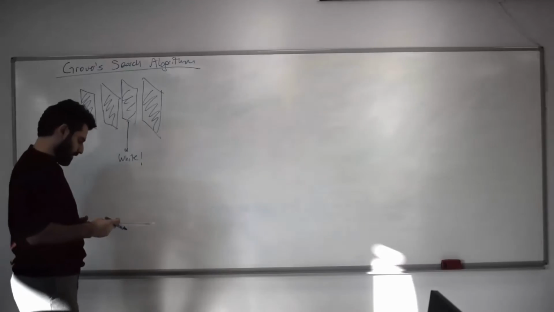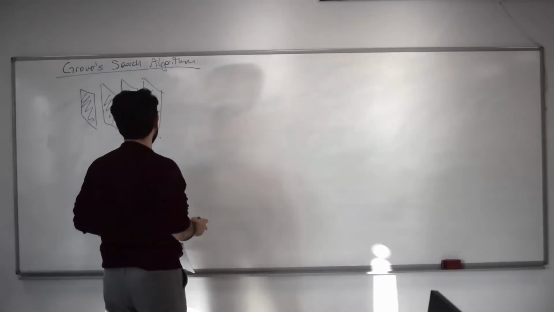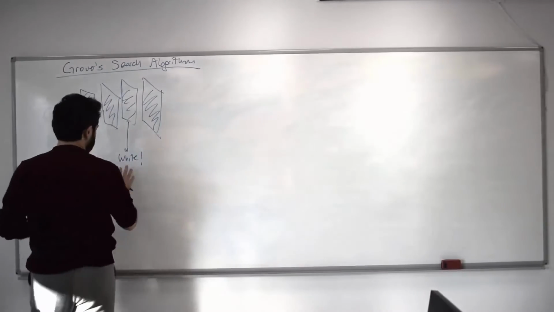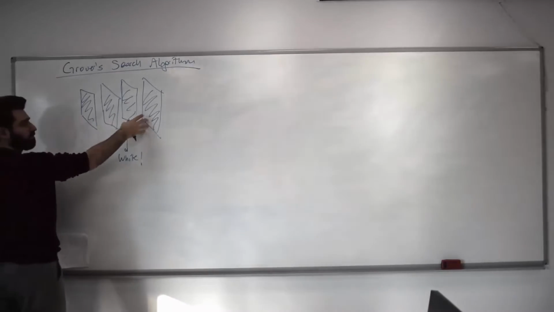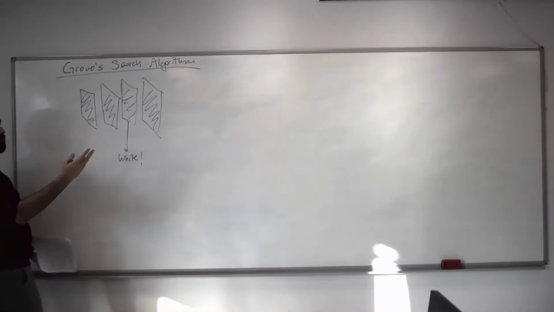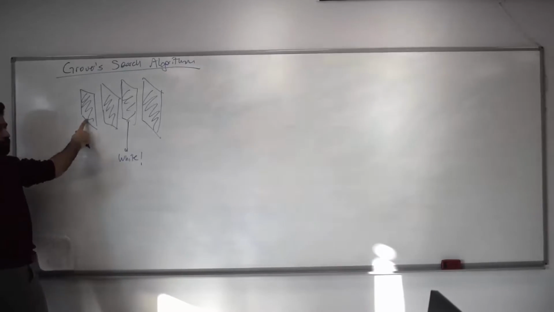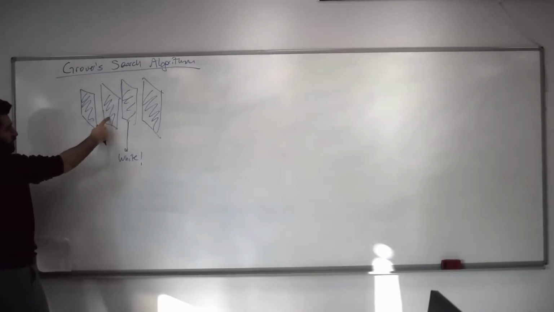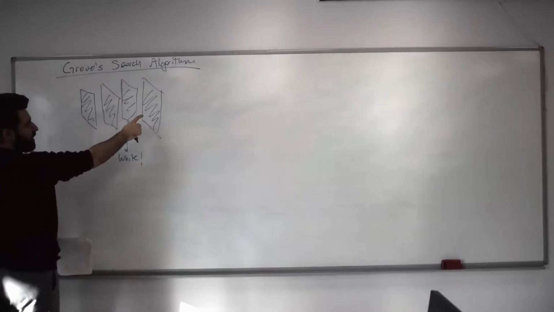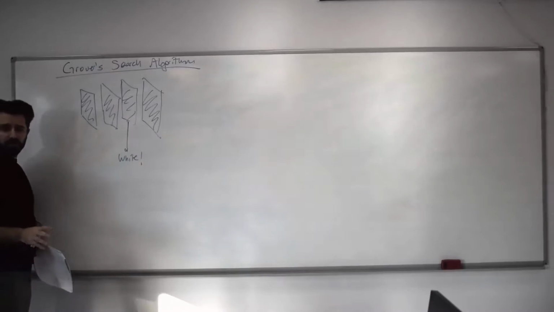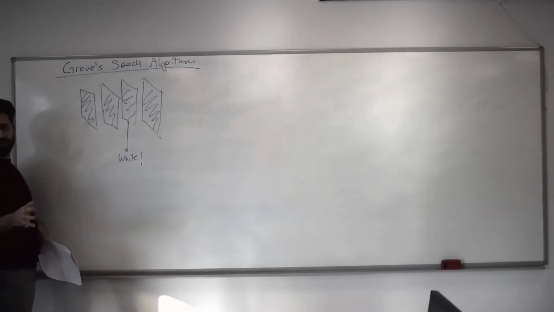So how many times do we have to give it a try? I'm going to assume that each of them is white with the same probability. This one is white with 1/4 probability, this one with 1/4 probability, and similarly this one and that one, both with the same probability, 1/4.